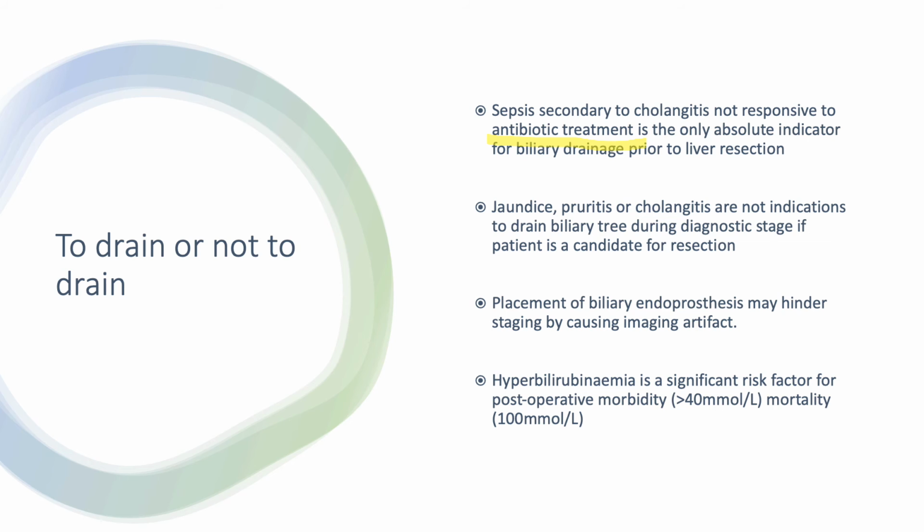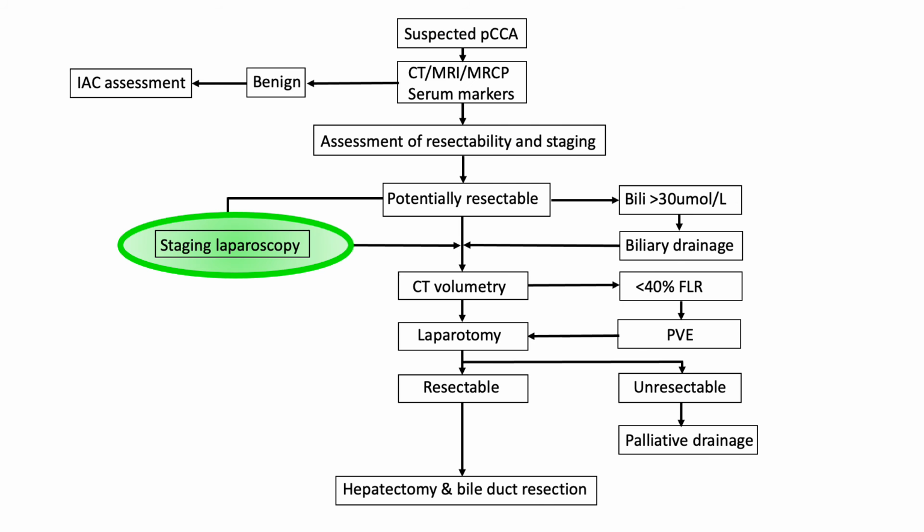The placement of a biliary stent or endoprosthesis may hinder the staging and cause imaging artifact. We do know that an elevated bilirubin level is associated with an increased postoperative morbidity when it's above 40 and mortality when it grows above 100 in patients undergoing stage 1 resections. And this needs to be considered in the timing of patient surgery.